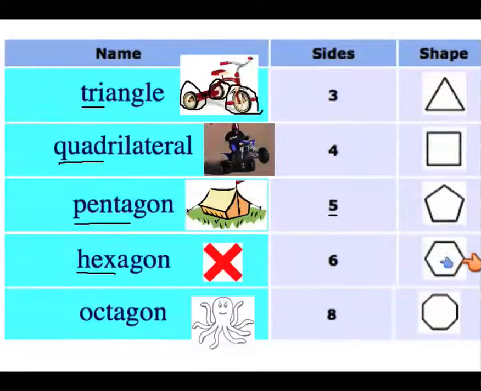And the next one here is octagon. I put an octopus there, and if you know anything about octopus, you know that they have 8 legs. An octagon has 8 sides. 1, 2, 3, 4, 5, 6, 7, 8 sides.